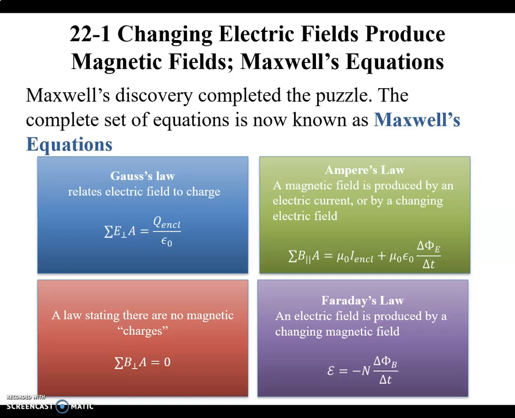These equations describe all that we know about electricity and magnetism. And since James Maxwell is the one who made the discovery that completed the puzzle, we now know these equations as Maxwell's equations. But we'll see in the next video that the discoveries that led to these four equations also actually describe the motion of light and all other electromagnetic waves.